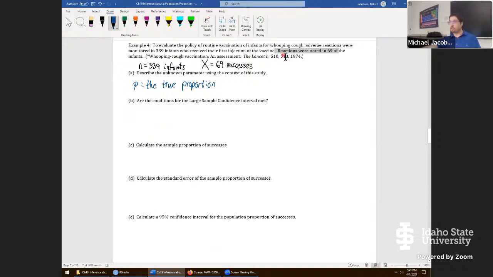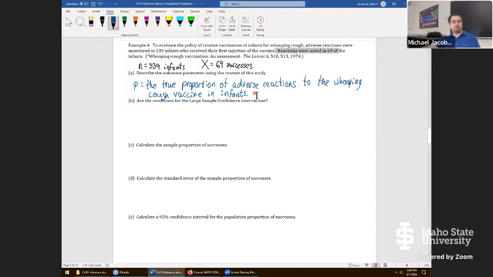It says reactions for short, but that's adverse reactions. So we'll say p is the true proportion of adverse reactions to the whooping cough vaccine in infants.